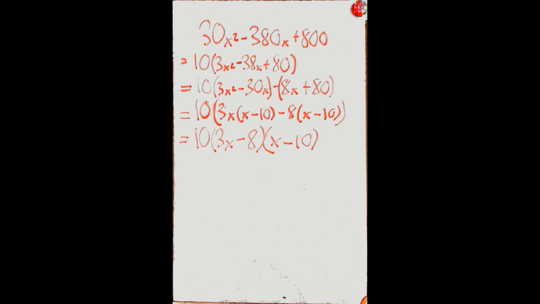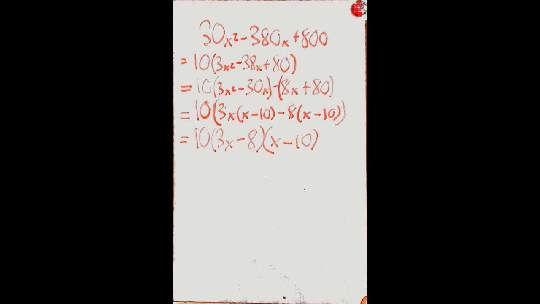In the exercise of 30x squared minus 380x plus 800, we have to find the greatest common factor, which is 10. That leaves us 10 multiplied by 3x squared minus 38x plus 80. Then we have to apply the AC method, which is multiplying the first number with the last number and trying to find pairs of factors that multiply to give the result of that multiplication but add to give the number in the middle.